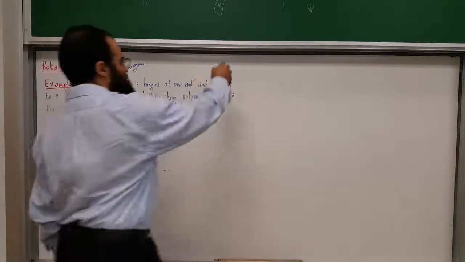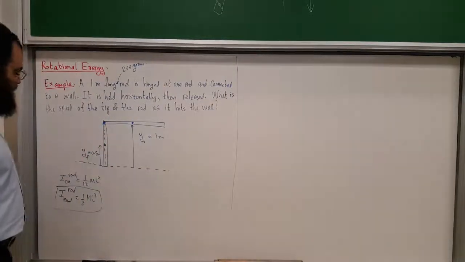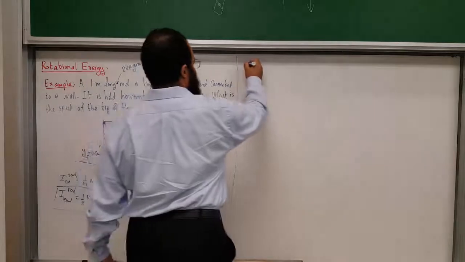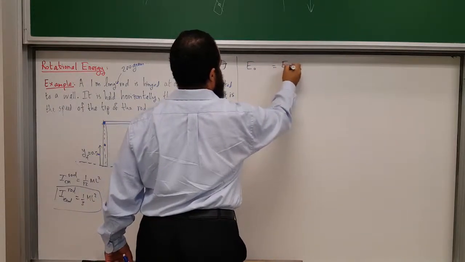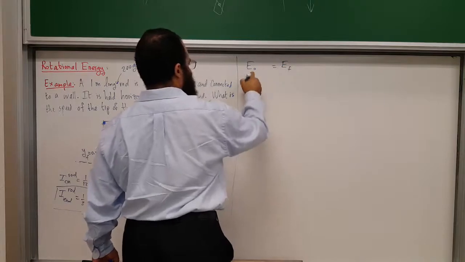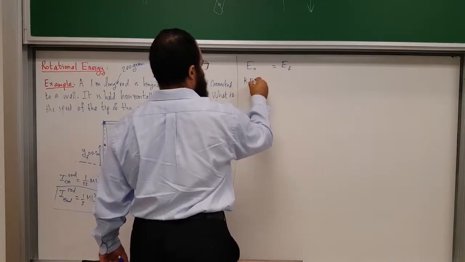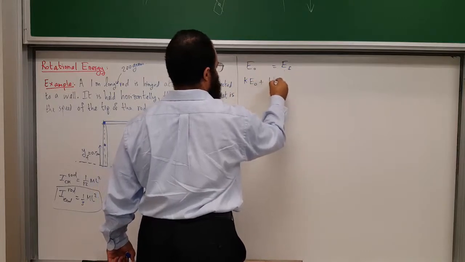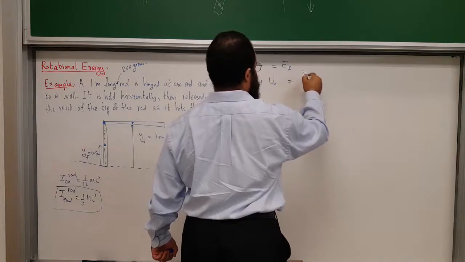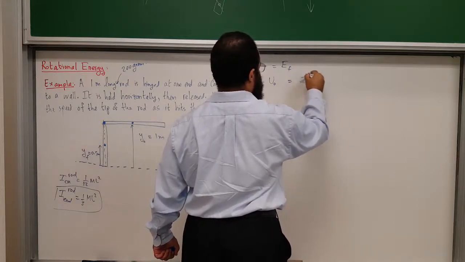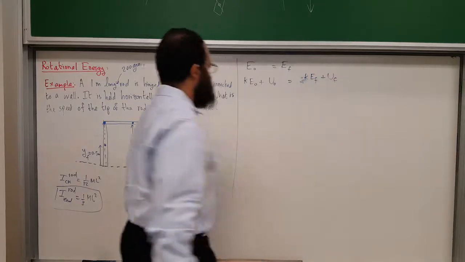As it rotates, the total mechanical energy at the beginning should equal the total mechanical energy at the end. The mechanical energy at the beginning consists of kinetic energy at the beginning plus the potential energy at the beginning. And then at the end you get the kinetic energy at the end plus the potential energy at the end.